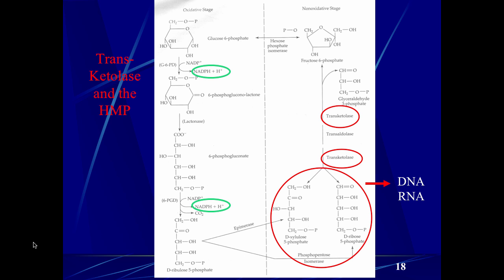Now, these reactions are part of a cycle. So if these ribose phosphates are not used for nucleic acids, they can basically convert back to fructose 6-phosphate and go back through this cycle.